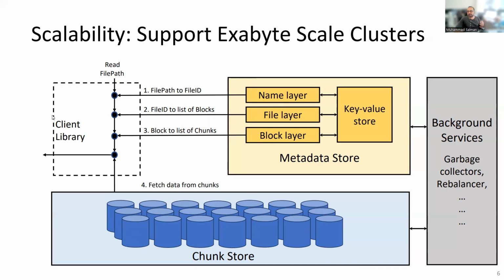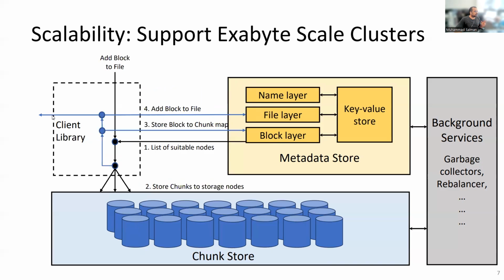Now, someone wants to perform the write operation. To perform the write operation, which means they add a block to the file, first of all they go to the block layer directly, and inside the block layer it checks which node has a suitable location where I can store the data. It can be very hot data, or it can be warm data.